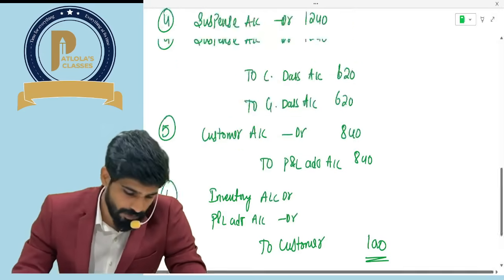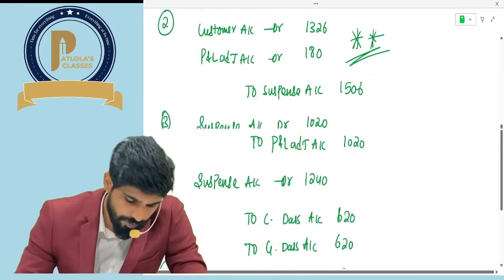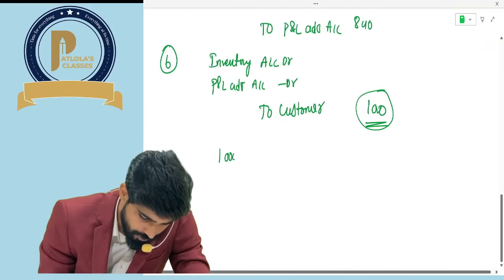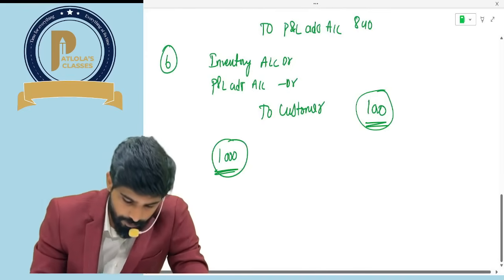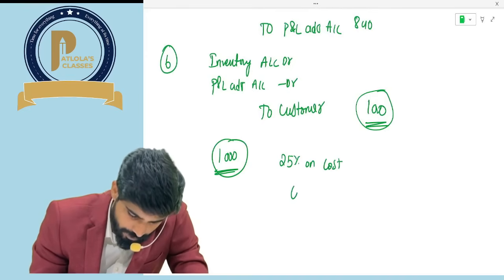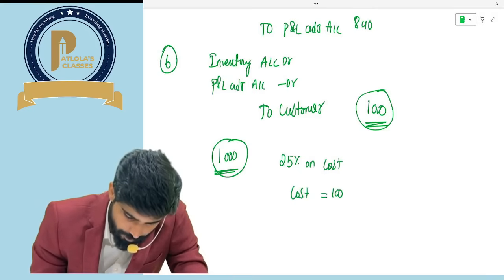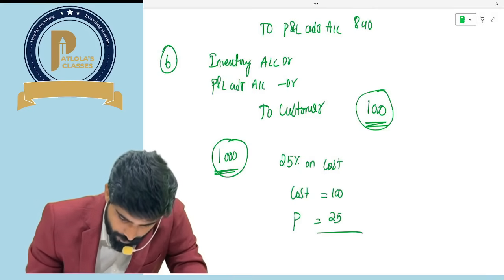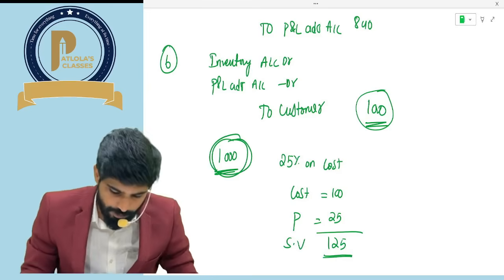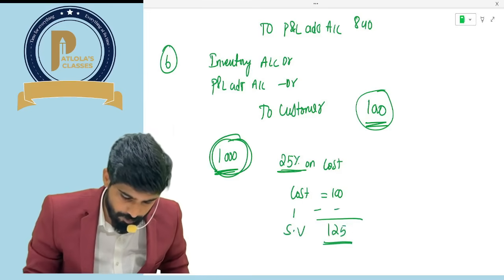Sir, the profit is given as 25% on cost, but this is a sale value. 1000 is the total sale value. What is the profit? 25% on cost. So can I say cost is 100, profit is 25, total is 125 is the sale value. Since this is a sale value, we cannot directly apply 25% on this.